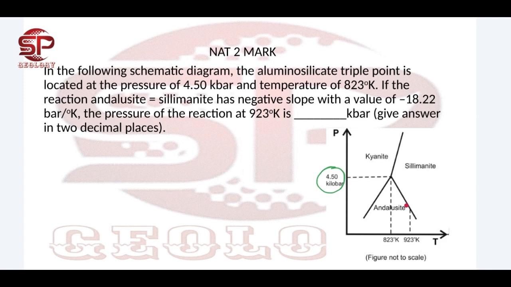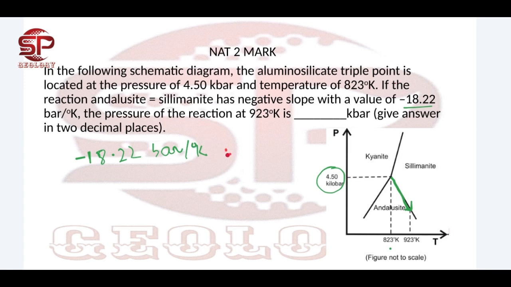When the reaction proceeds here, the temperature changes from 823 Kelvin to 923 Kelvin, and the slope has a negative value of minus 18.22 bar per Kelvin.